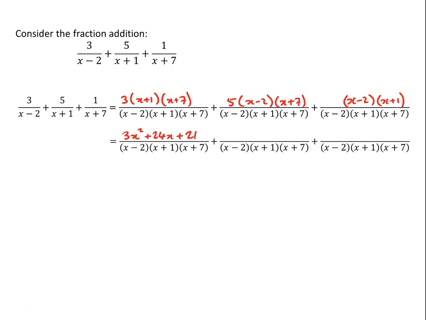Multiply that up by 5, I've got 5x squared plus 25x minus 70. x minus 2 times x plus 1 gives me x squared minus x minus 2. And then adding the three fractions up, we end up with 8x squared plus 48x minus 51.